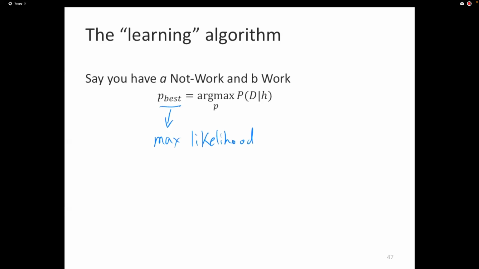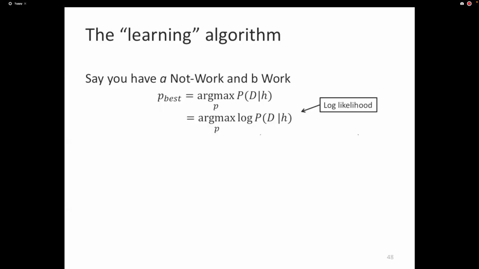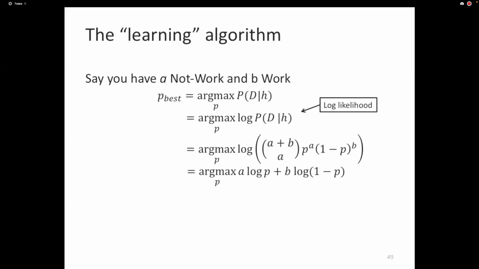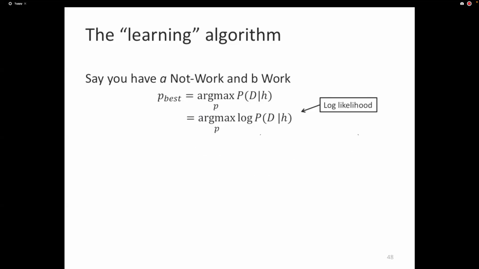The best hypothesis according to the maximum likelihood criterion is the one that maximizes P of D given H. But that expression is a little bit painful to work with, so we'll work with the log of that. So it's the same as the one that maximizes the log likelihood, log of P of D given H. And at this point, let me work out the math.